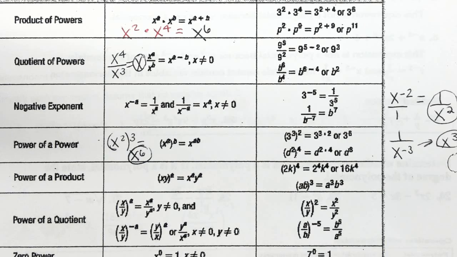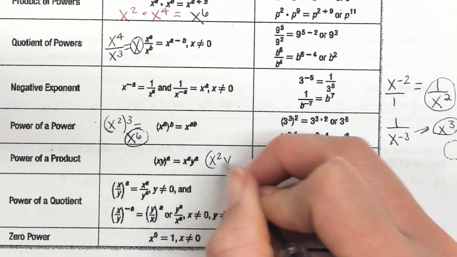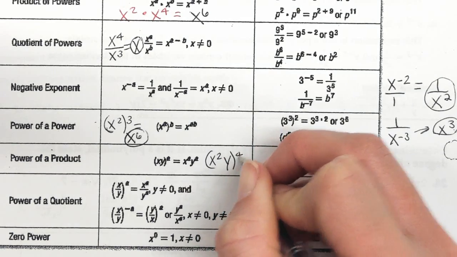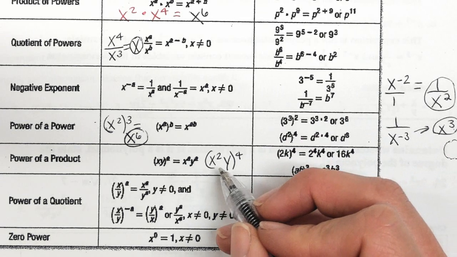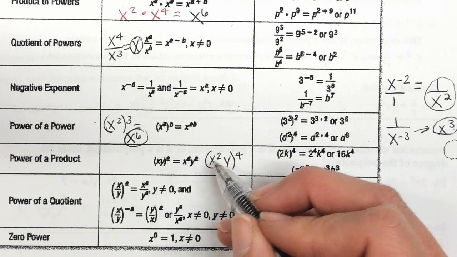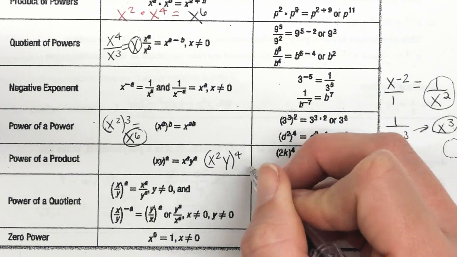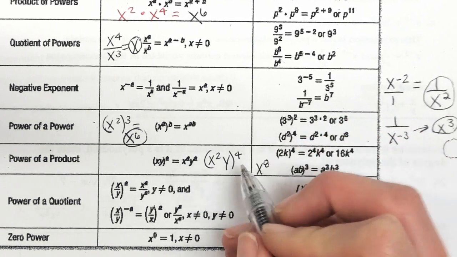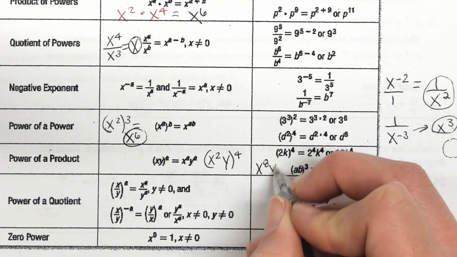Power of a product just means that if you had x squared y and everything in here was raised to the fourth power, then these two separate terms would also be raised to the fourth power separately. So x squared to the fourth power would be x to the what power? 8. And then y to the first power to the fourth power would be y to the what? Fourth. Good.